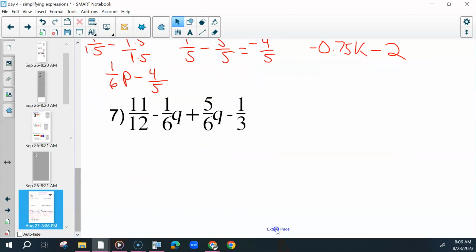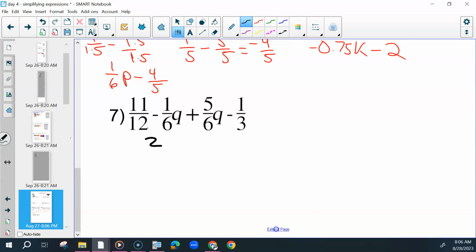Alright, I'm going to put the correct answer up, and then if we need to talk about how we got it or anything like that, then we will do that. So this should have been 2/3 cubed plus 7/12.